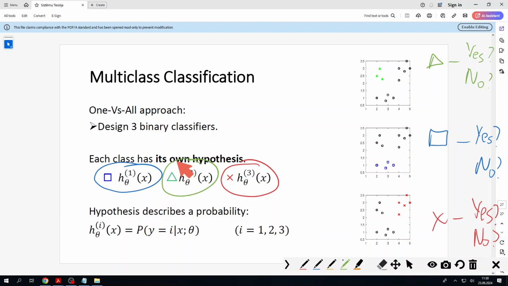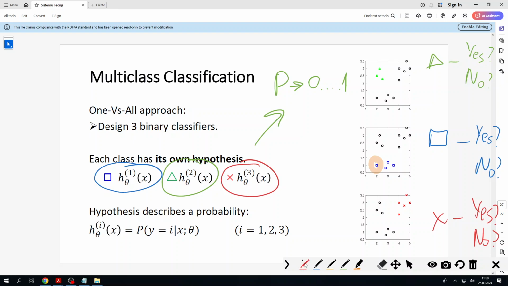Now let me remind you that each of these hypotheses actually returns a probability from 0 to 1. So let's say for this case specifically, I don't know which color to choose, so let's choose something like this. For this particular point, we can calculate 3 probabilities.